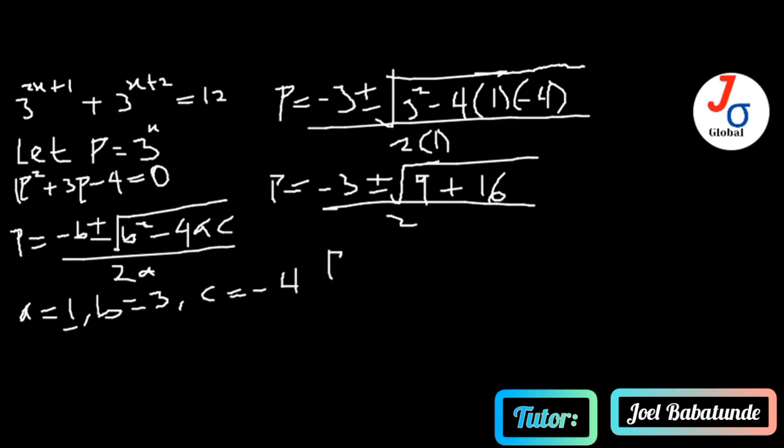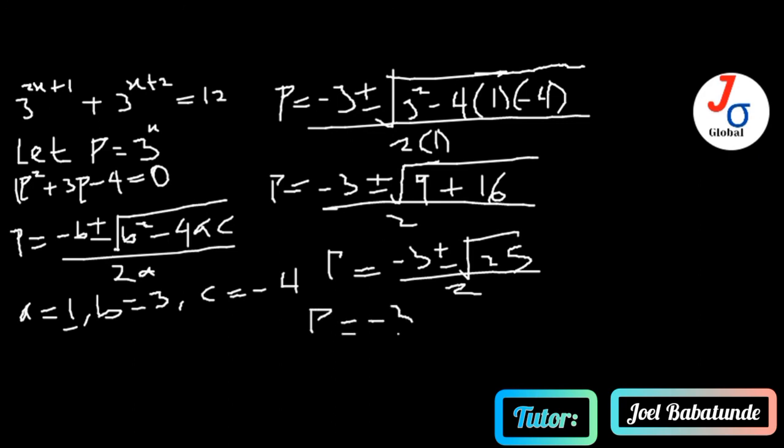So I have p equals minus 3 plus or minus 16 plus 9 is actually 25, divided by 2. And so I have p becomes minus 3 plus or minus 5 divided by 2.